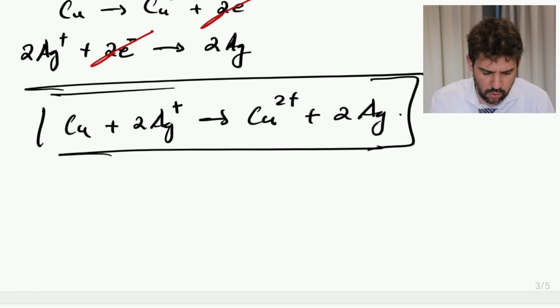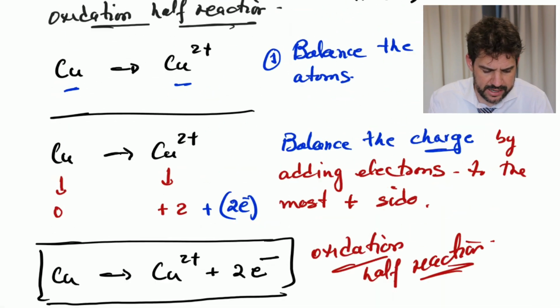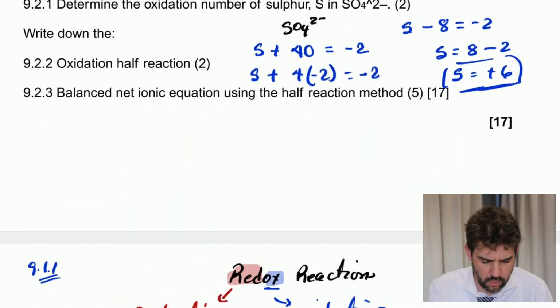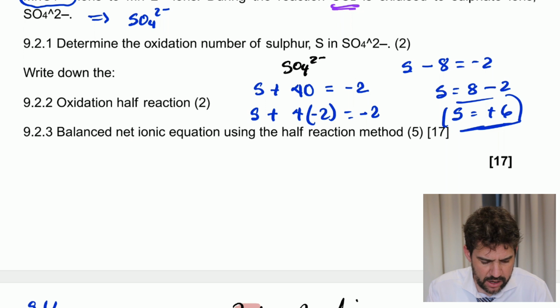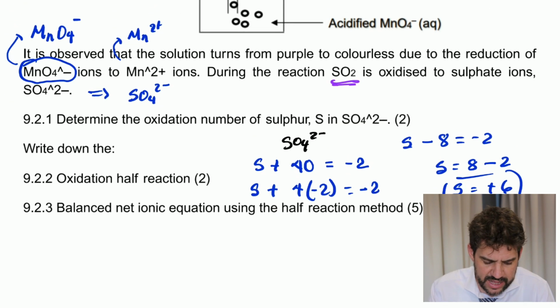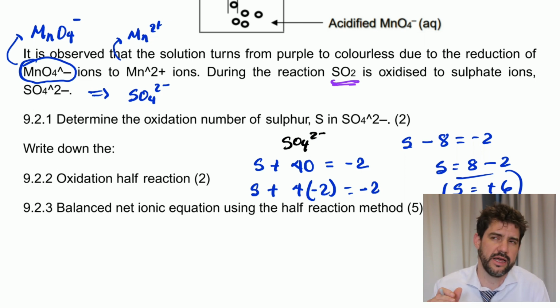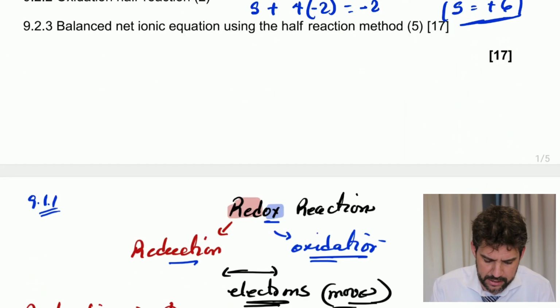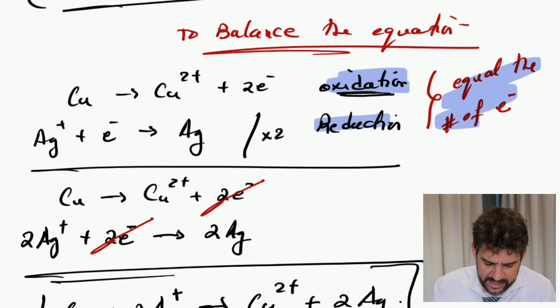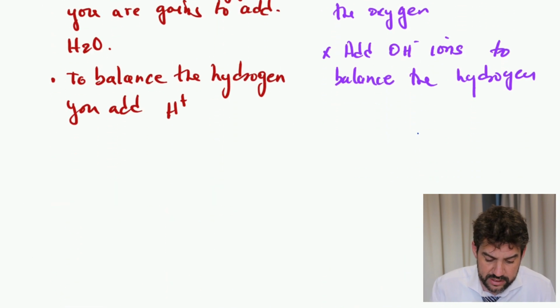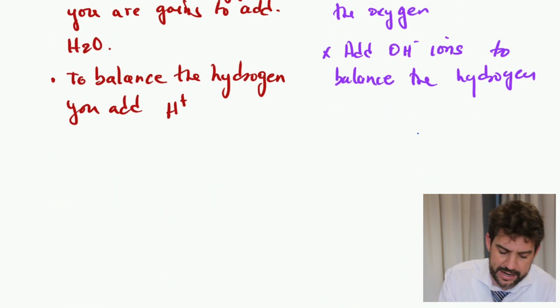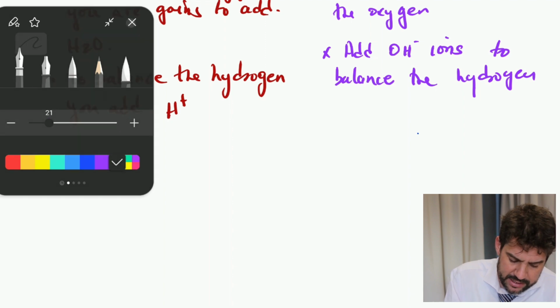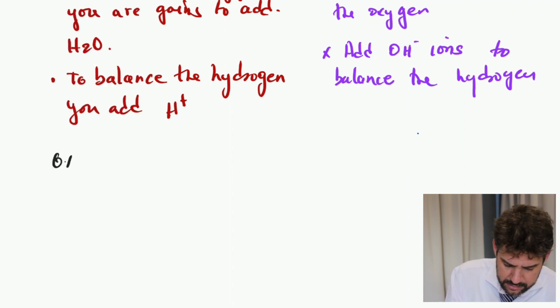So we can now go to the next part of the question, guys, which says, write down the oxidation half reaction. So what is being oxidized in this question? They're telling you the SO2 is going to be oxidized to form sulfate. So let's go to oxidation. This one is slightly different from what we've done before.